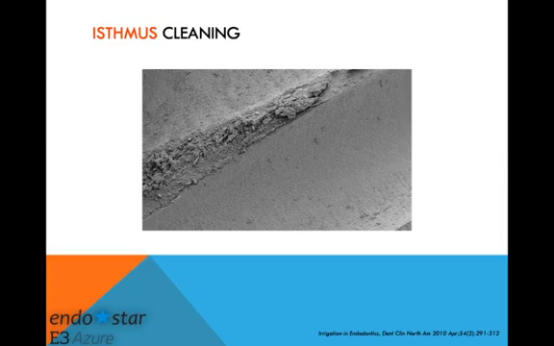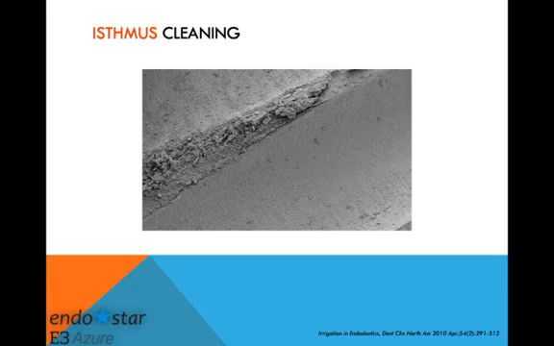Coming to isthmus cleaning. Now, the isthmus is a narrow lip of dentine that practically joins two or more canals, and this area has infected or necrotic pulp, or maybe it can have vital pulp also.